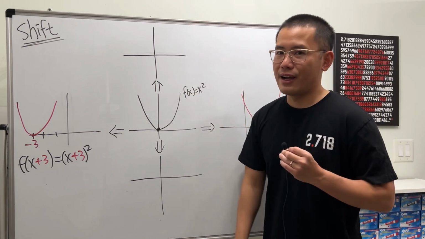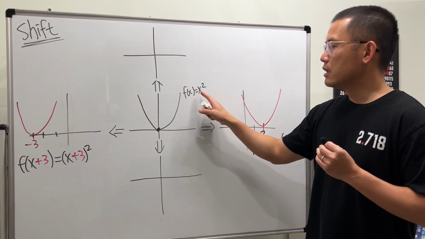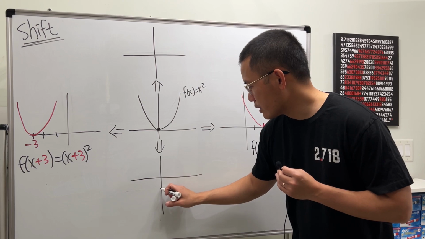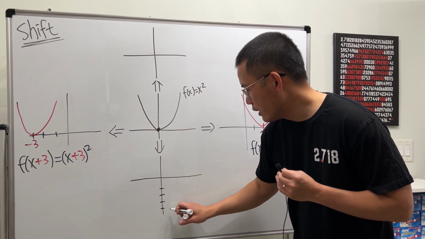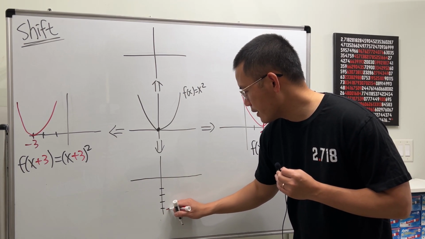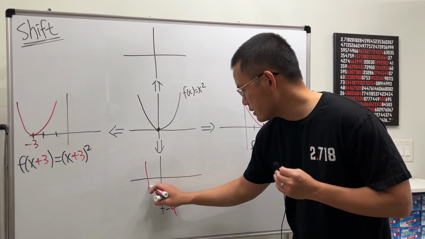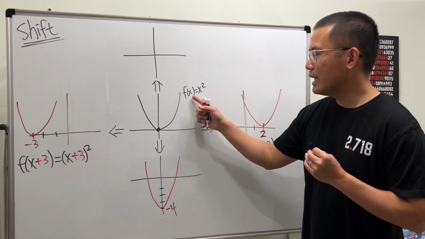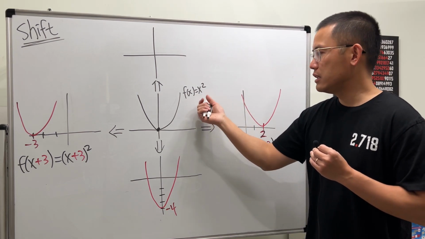Now, how about up and down? Well, that's after the f of x. So let's say I want to go down. Let's say we want to go down just like 1, 2, 3, 4, 4 units right here. So the graph will look like this. Well, in that case, we will actually have to subtract 4 after the f of x.